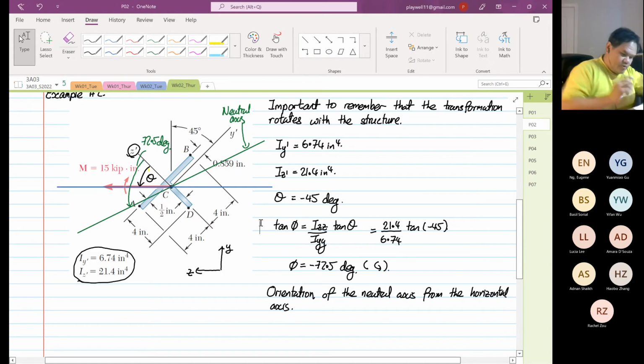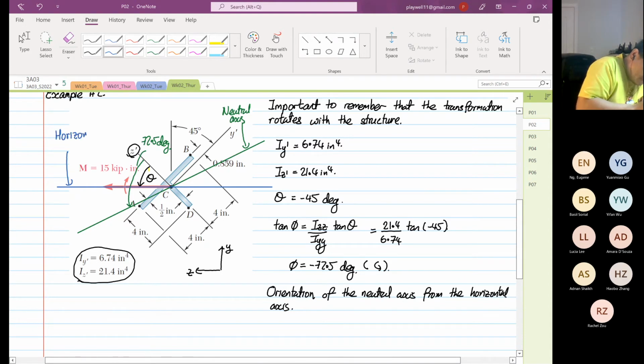Okay, so I'm going to say that this is your horizontal axis. Then if it's horizontal axis, now we want to find this value.